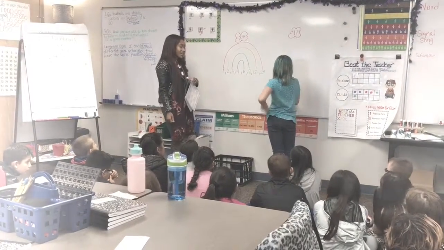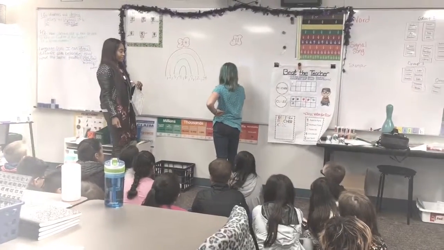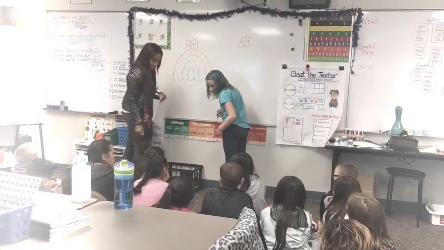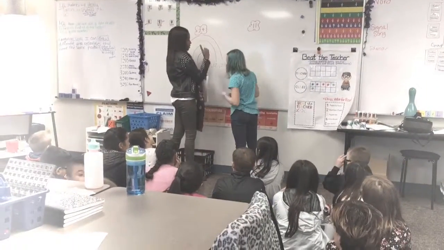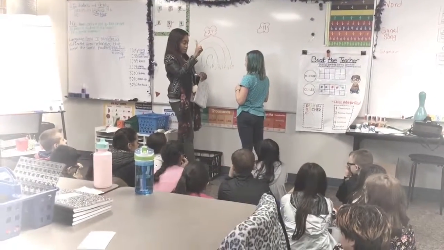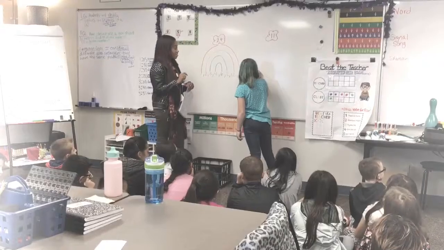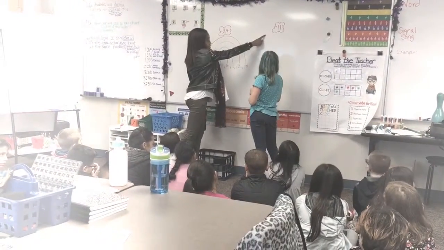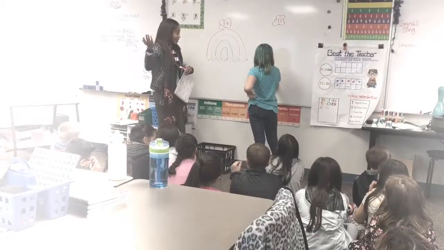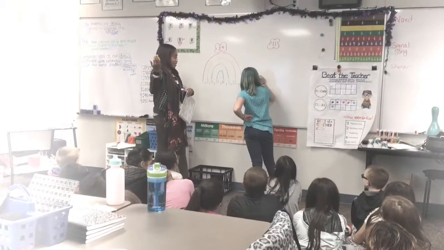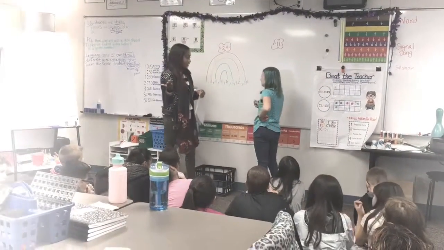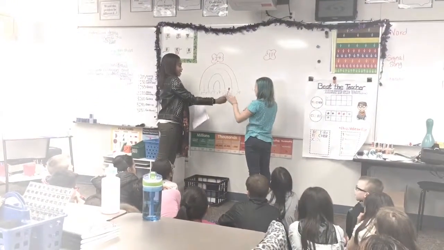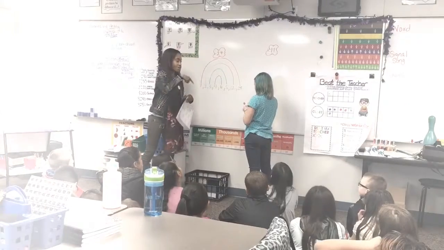So we know that the first factor would be 1. So write 1. And then the next factor would be itself. What number are we doing? 11. So itself would be 11. And since it's prime, there are only those two factors, right? So then we connect them with the little arc.